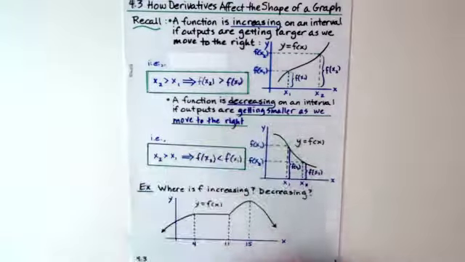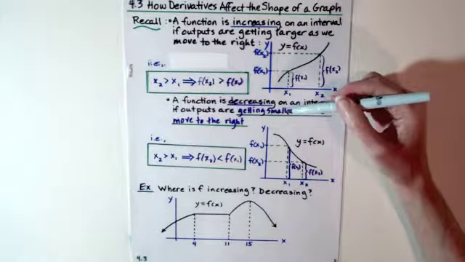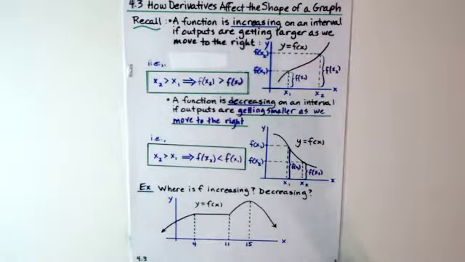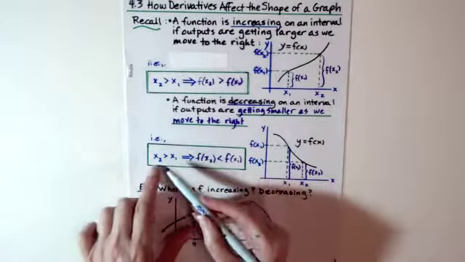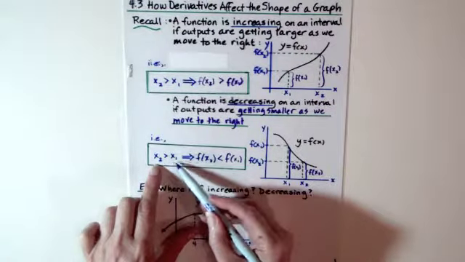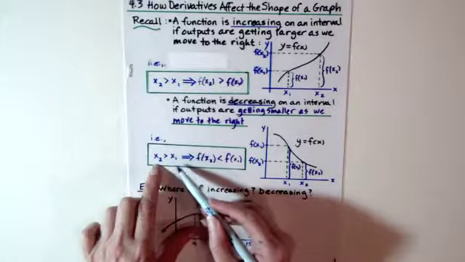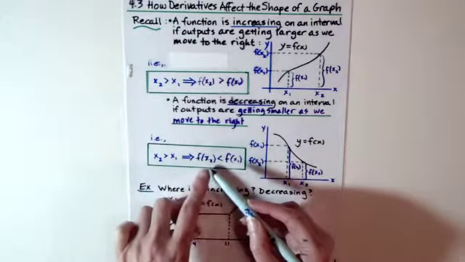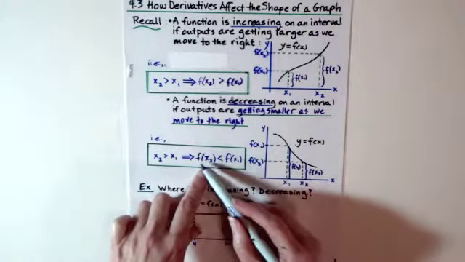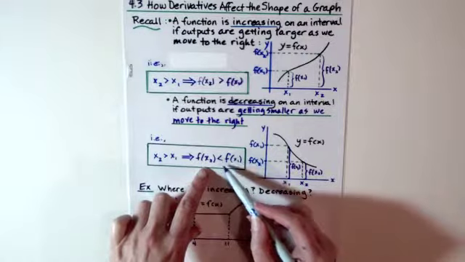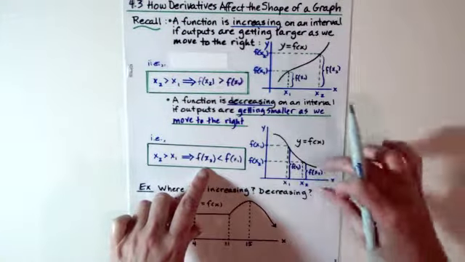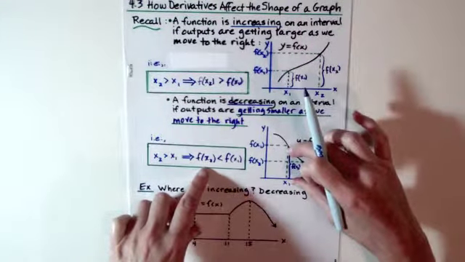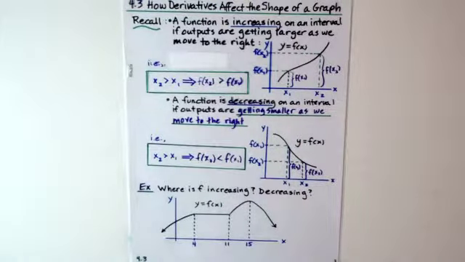So we say more technically that a function is decreasing on an interval if for each x1 and x2 in that interval such that x2 is greater than x1, x2 is to the right of x1, the outputs are getting smaller: f of x2 is less than f of x1. So this height is smaller than this height. And that's a little bit more technical definition of a function being a decreasing function.